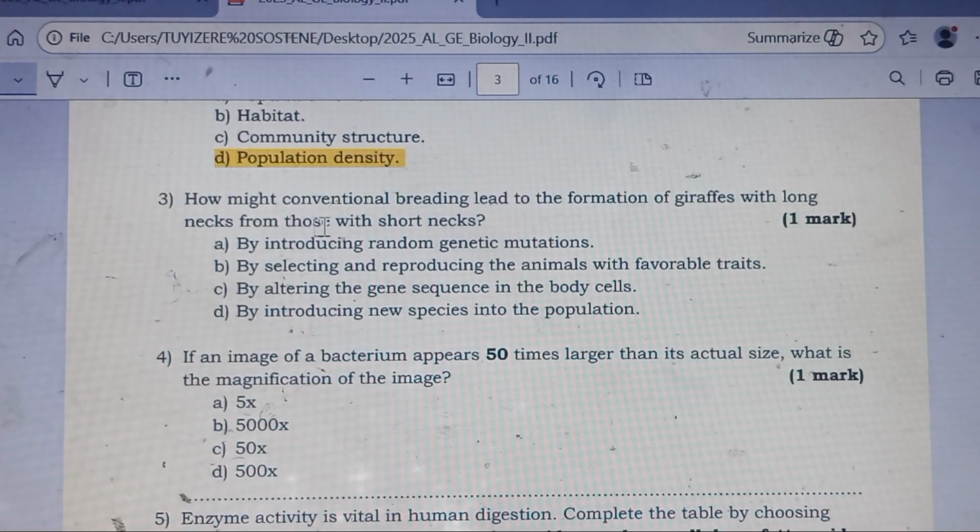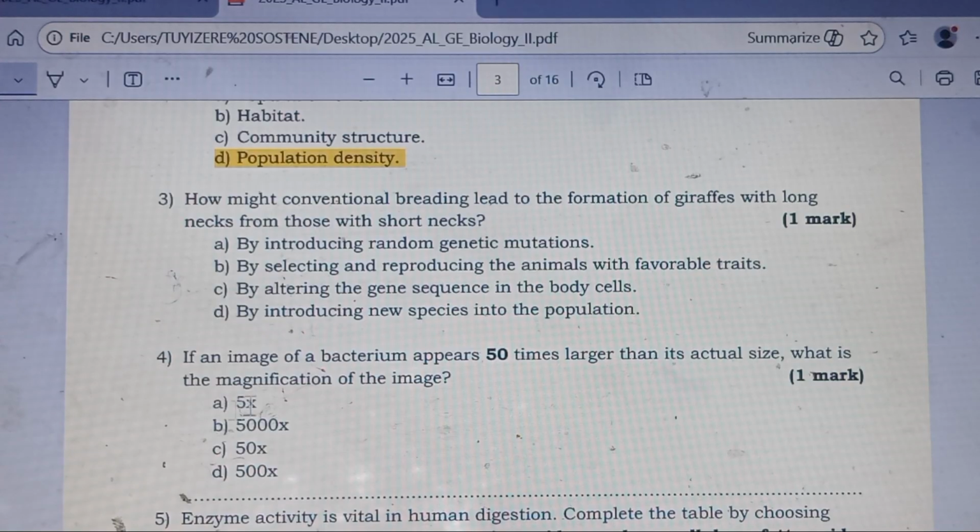How might selective breeding lead to the formation of giraffes with long necks from those with short necks? That is a question related to evolution. A. By introducing random genetic mutation. B. By selecting and reproducing the animals with favorable traits.